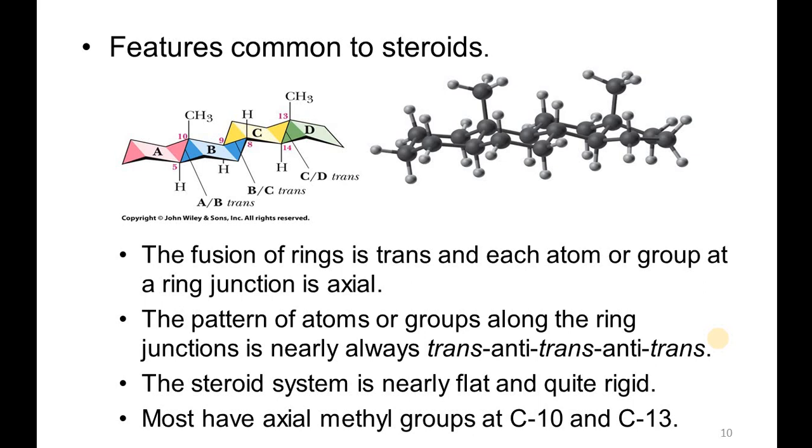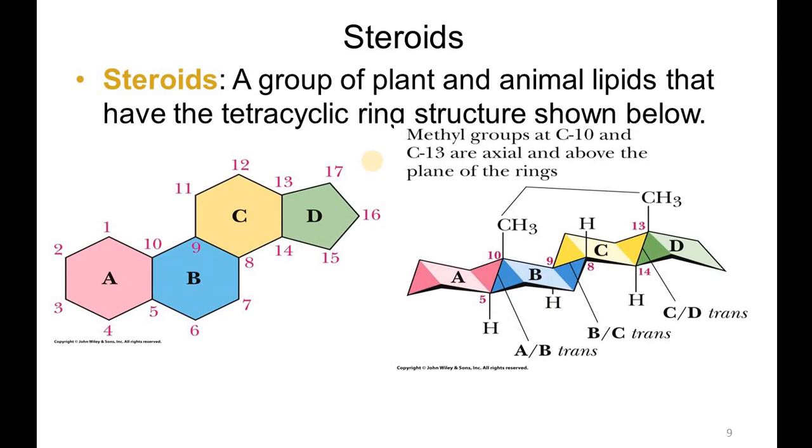This is regarding the arrangement of the steroid, and as you already know, most have an axial methyl group at C10 and C13. But what we have to remember here is the function of steroids. We don't need to go into deep detail of steroids, but we just have to understand that steroids are lipids having a tetracyclic ring structure.